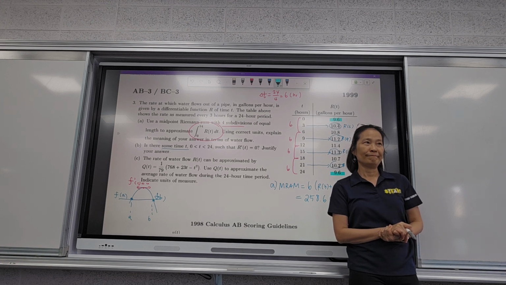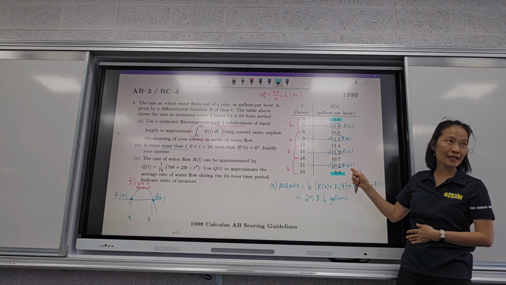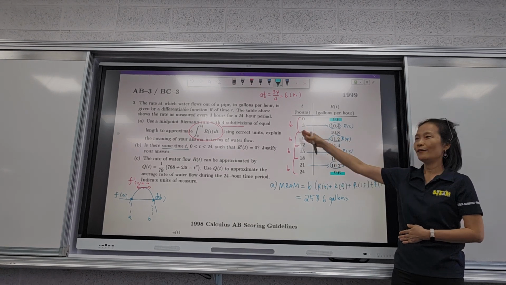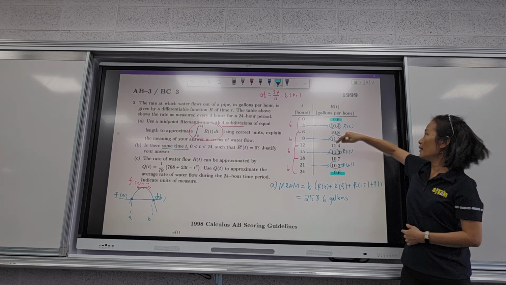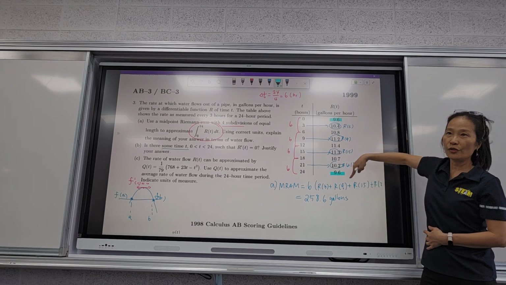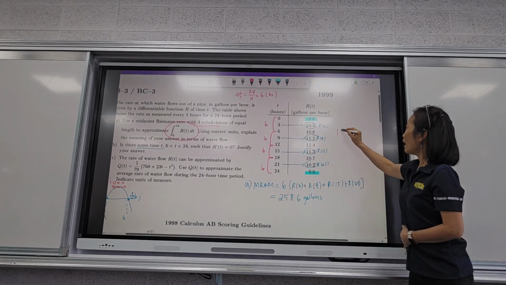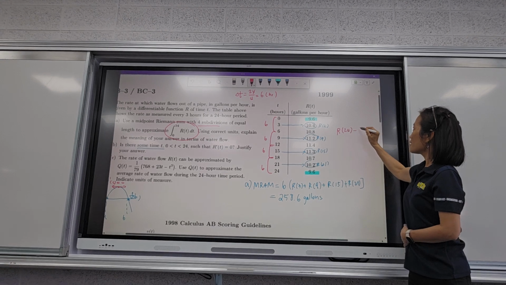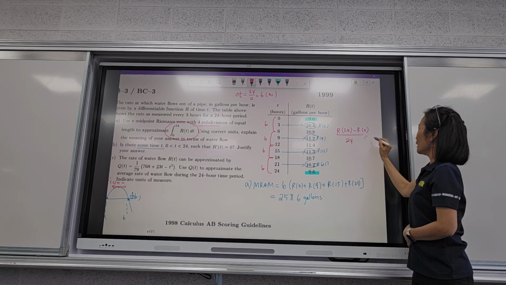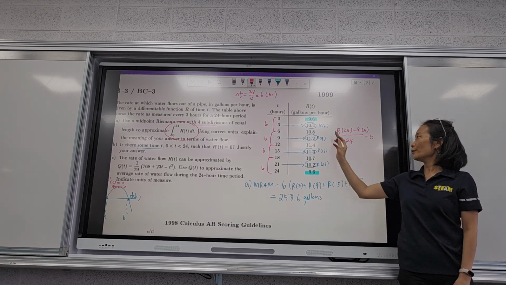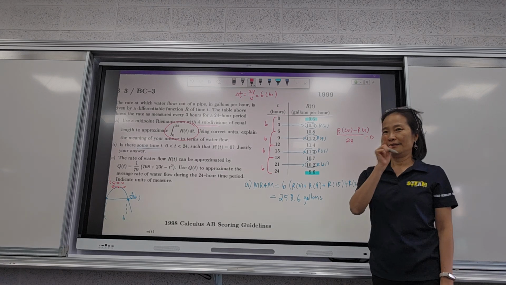Yes, there must be a time within 24 hours that R prime of t is 0, because when you find the average rate of change, R of 24 subtract R of 0, change of R over change of time, that's 0, right? Since they are equal to each other. Okay, Rolle's theorem.